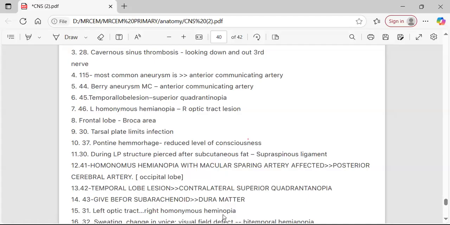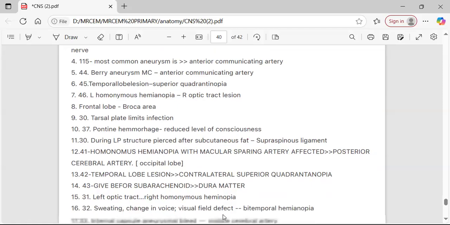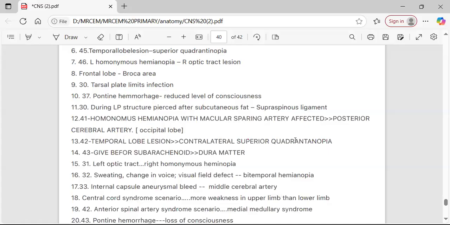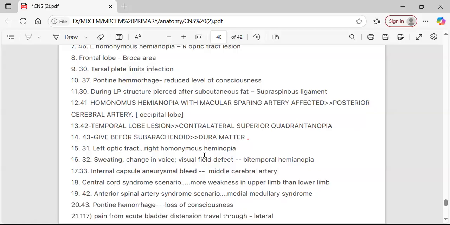I told you about pontine hemorrhage, which leads to a reduced level of consciousness. LP structures: you must remember the supraspinous ligament, after the subcutaneous fat. I think we will discuss it in the head section. Homonymous hemianopia with macular sparing, posterior cerebral artery. So we discussed it. Occipital lobe has dual supply. Temporal lobe lesion, contralateral superior quadrantanopia.